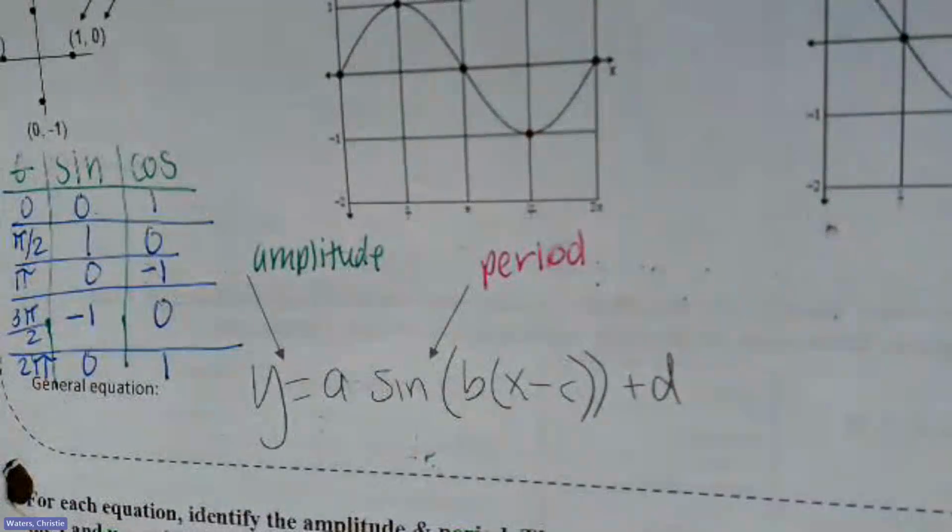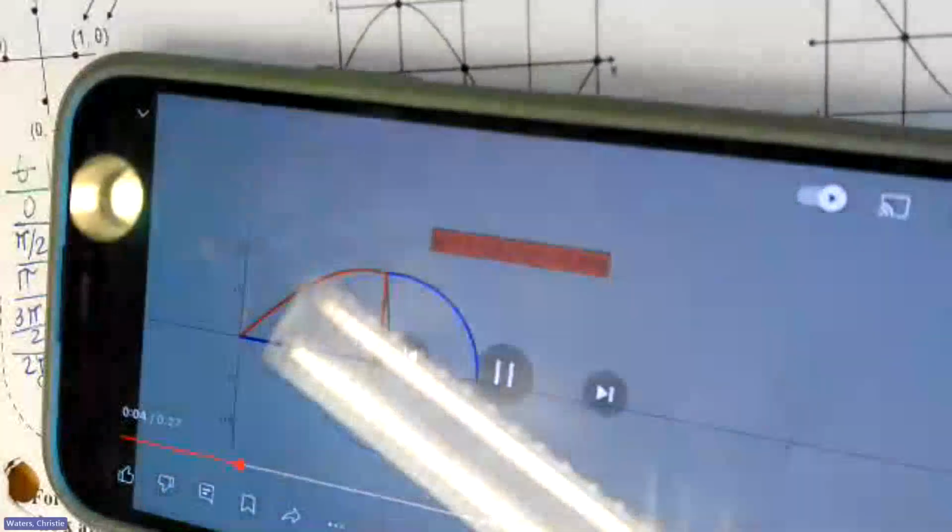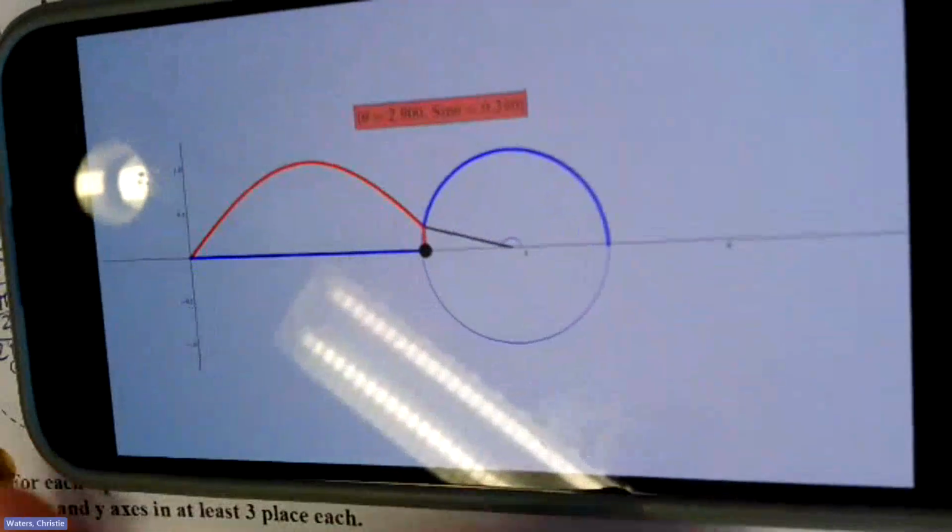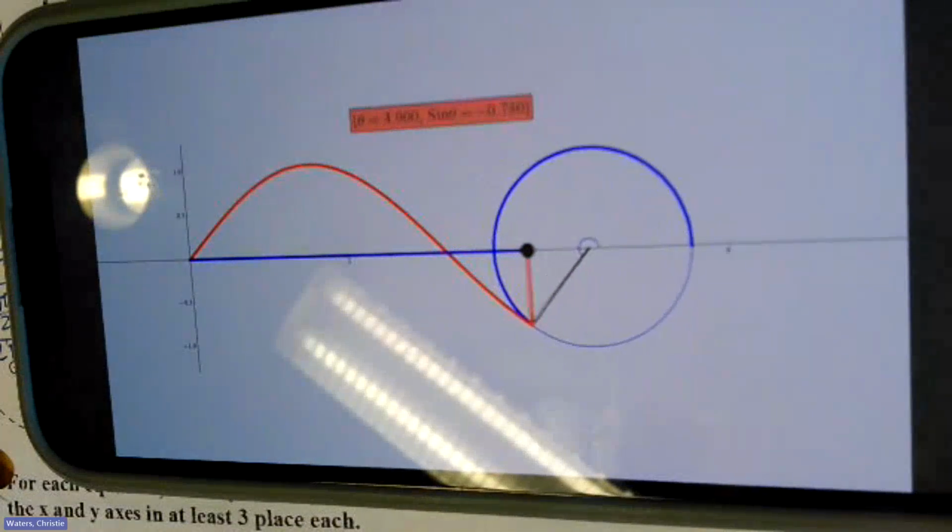Now, if we look at this little video here, it shows you one complete cycle. This one's the sine graph.